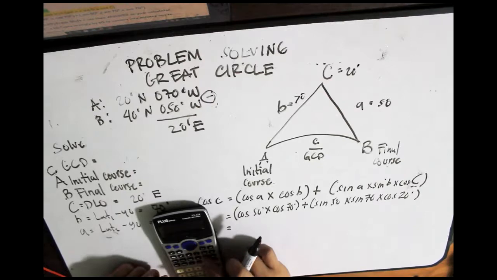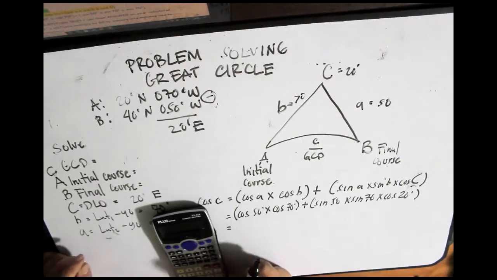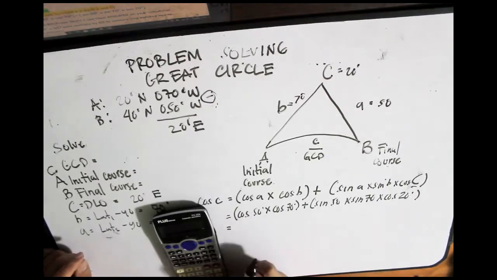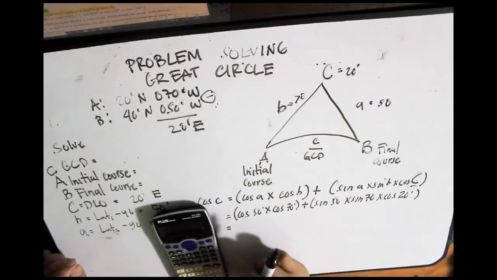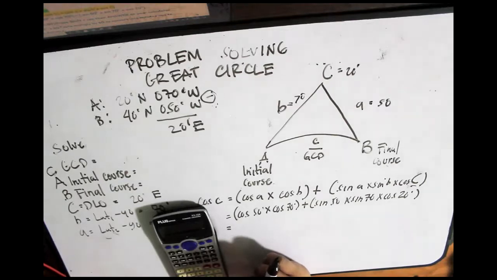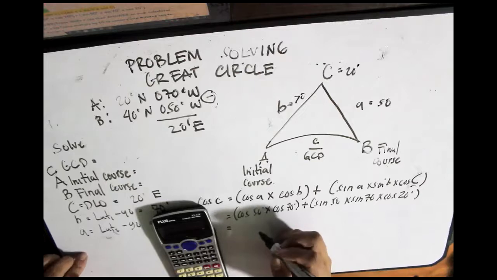Then, cosine 50 times cosine 70 close parenthesis plus open parenthesis sine 50 times sine 70 times cosine 20 degrees. Yan. Then, equals.